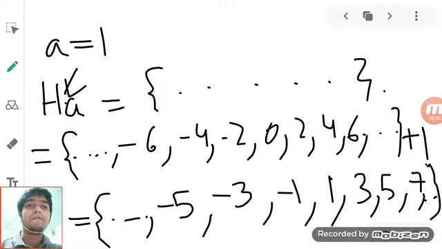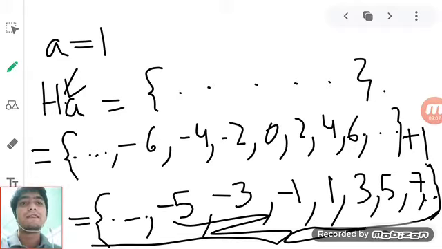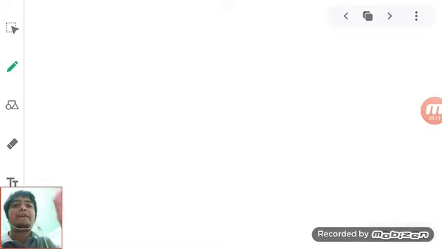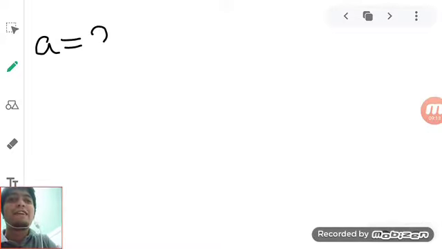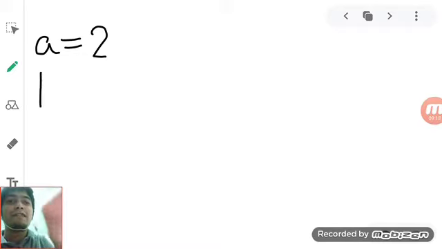If you analyze this coset, this whole thing is just the set of odd integers. Now, we can take another element, A equal to 2. Let us see how much HA is equal to.